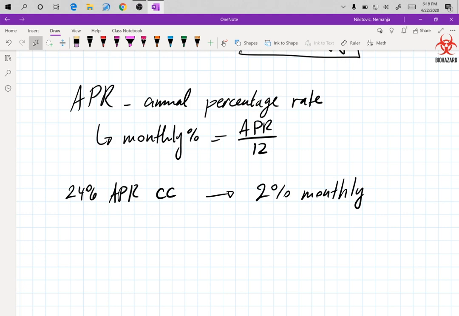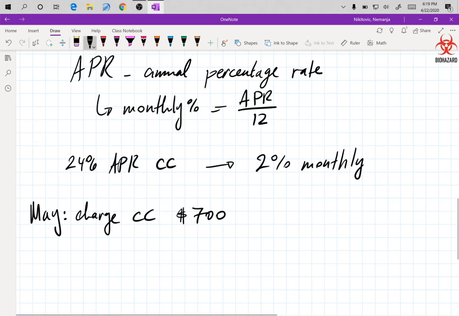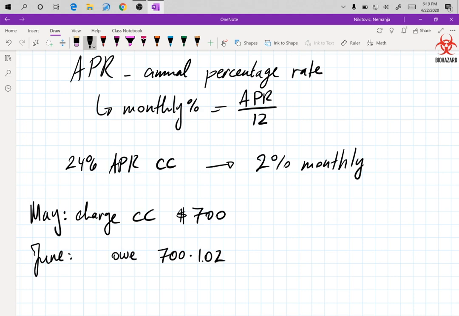So let's say you charge your credit card $700 in May. What happens in June? Well, if you didn't make any payment, what you owe is going to be 700 times 1.02.